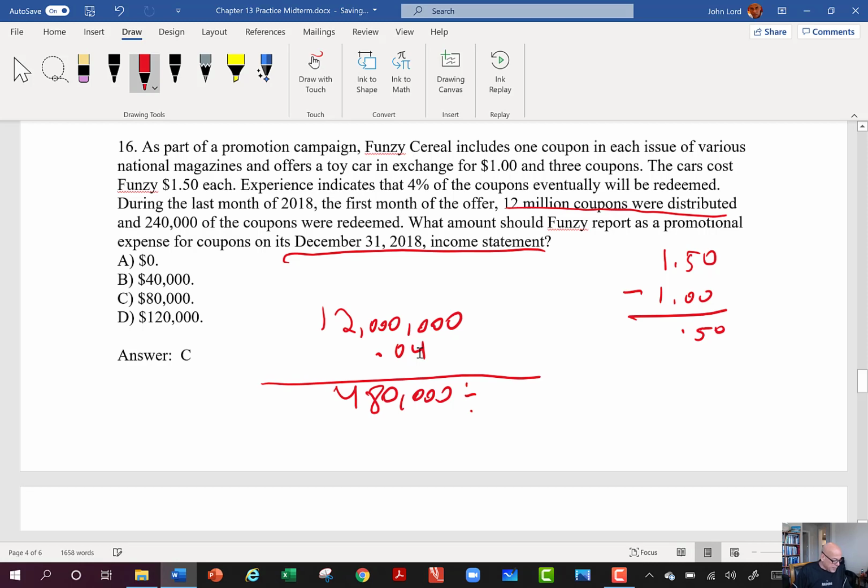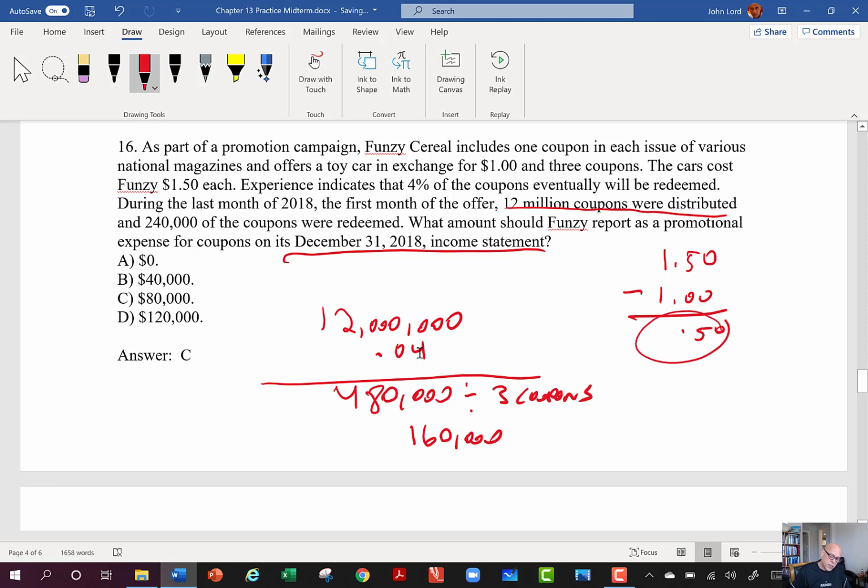But to get the car, they have to give us 3 of the coupons. So 480,000 divided by 3 coupons means that 160,000 little toy cars are going to have to be issued, because it takes 3 coupons to get 1 car.